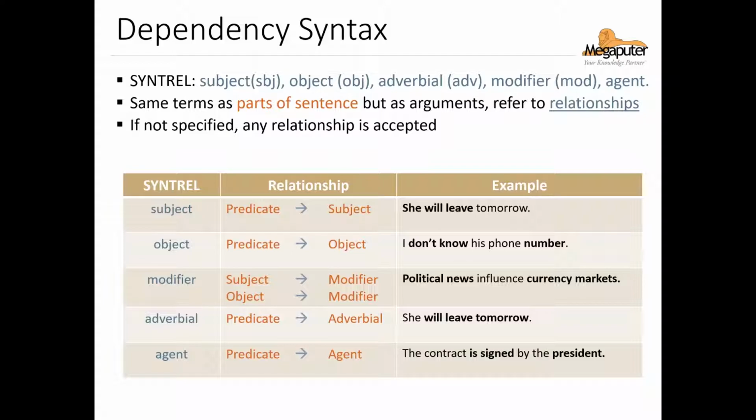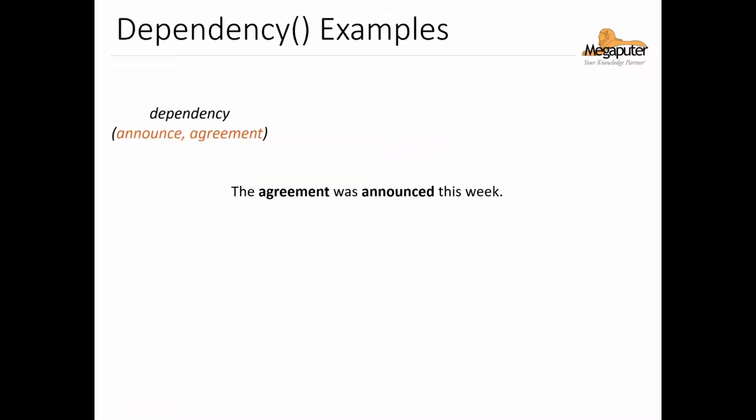So if you'd like to look for a predicate to subject relationship, like she will leave, you will want to use subject as that argument. Or if you want to use a subject to modifier, like political news, you would use a modifier argument for the syntax relationship. So here's just an example.